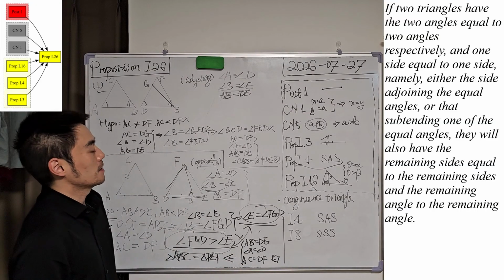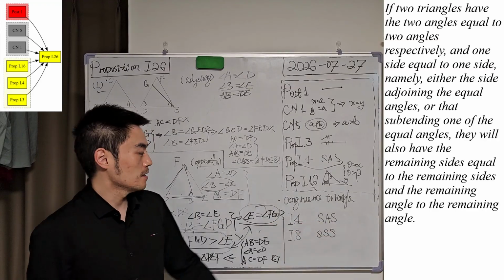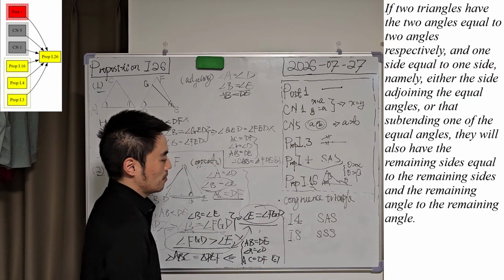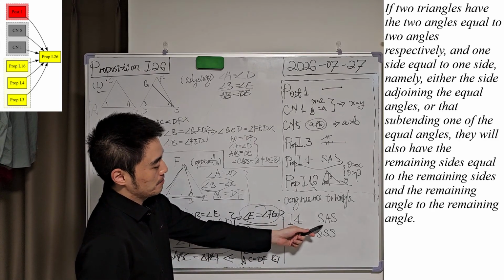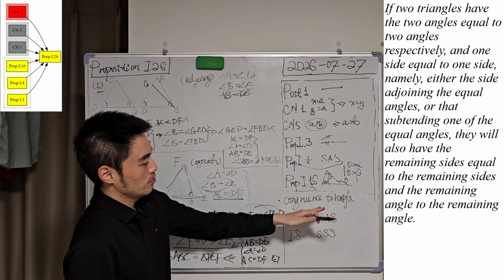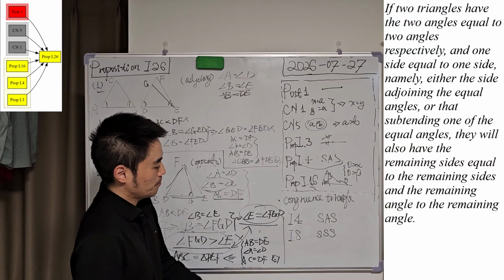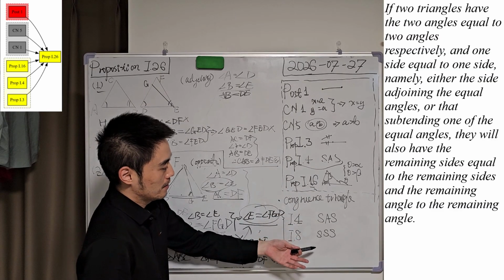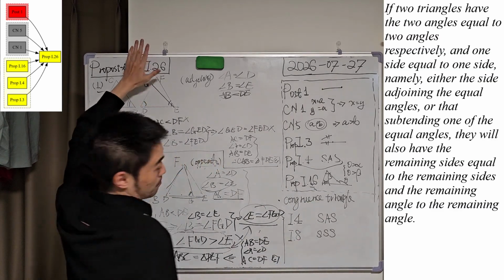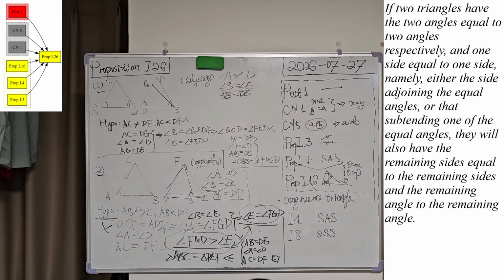I would like to add a bit of information about congruent triangles. As we talked about before, proposition 4 states that if we have a side angle side relationship, these two triangles are congruent. Proposition 8 proves that if we have a side side side relationship, then the triangles are equal. And in this proposition 26, we have another congruence theorem, let's call it angle side angle.